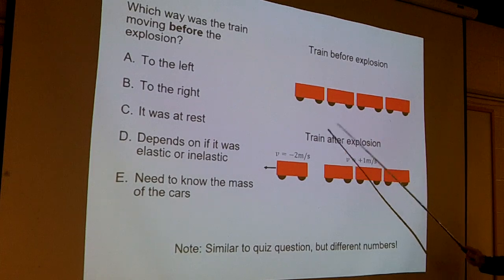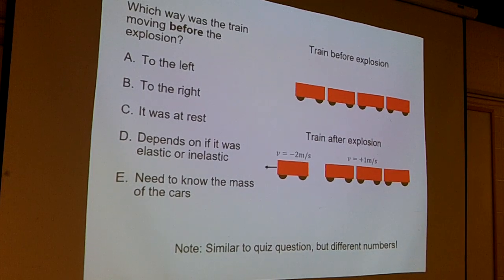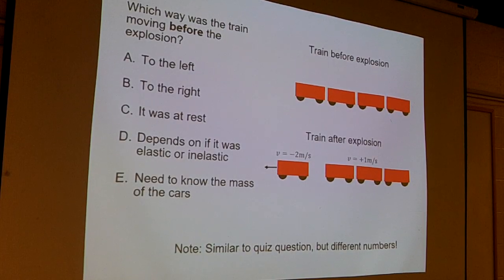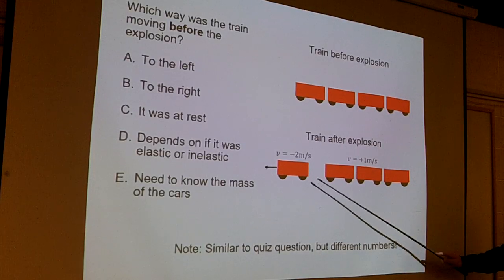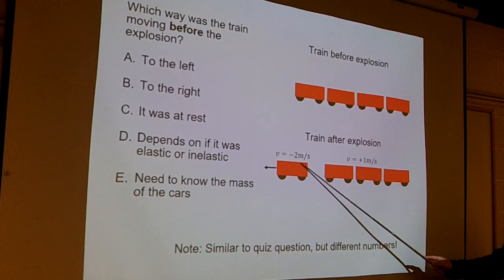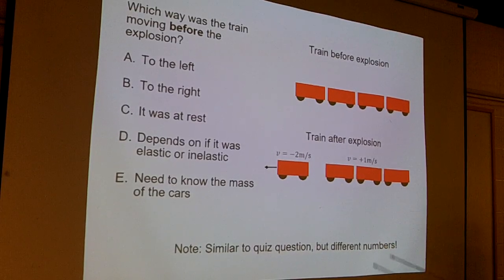In the beginning, we don't know which way this particular train moves. But after the explosion, we do know this car here moved to the left at 2 meters per second, while these 3 cars move forward like this. So that's what we have.